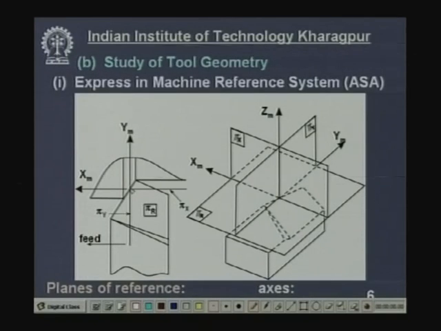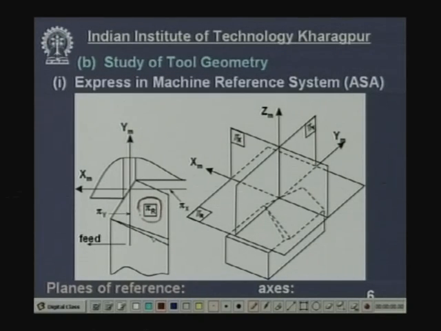So this is the velocity vector perpendicular to this, then what is reference plane? Reference plane is perpendicular to the velocity vector. When velocity vector is vertical, then this reference plane will be this one. So, this board or the plane refers to pi r, reference plane.